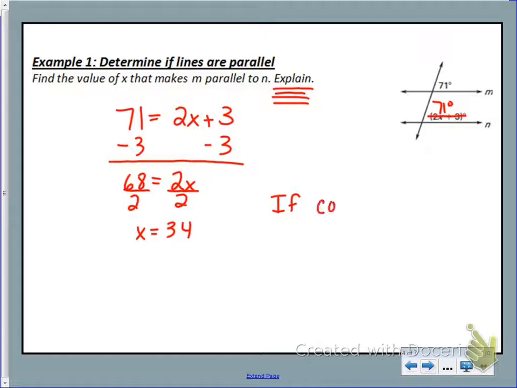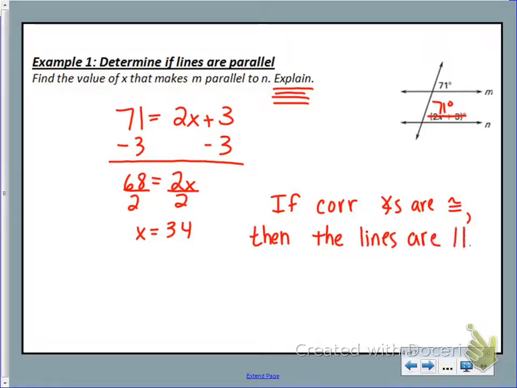So if corresponding, we shouldn't name the angle here. We're just going to name the type. So if corresponding angles are congruent, then the lines are parallel. So the lines that we're talking about in this case are lines m and n.